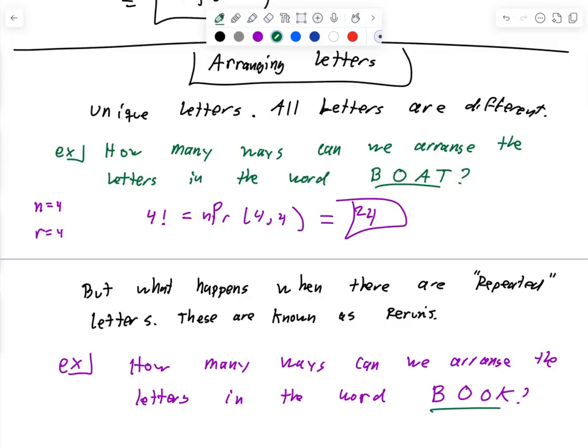How does book differ from boat? We have two repeats. We have two O's. Do we know the difference between the first O and the second O? It's just an O. So we have to take that into account.